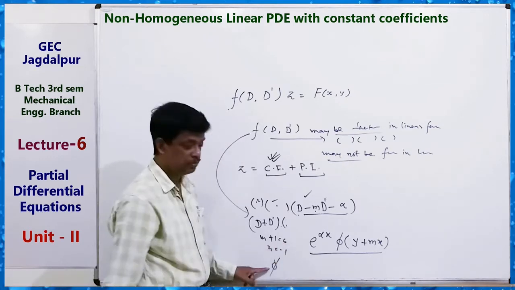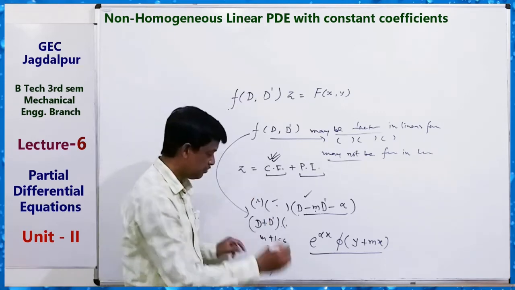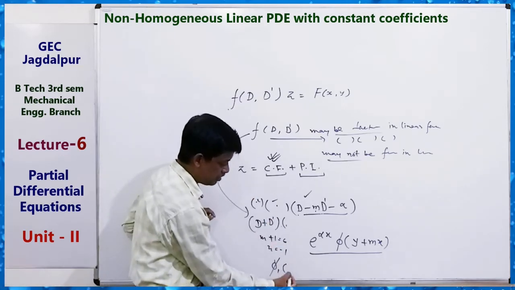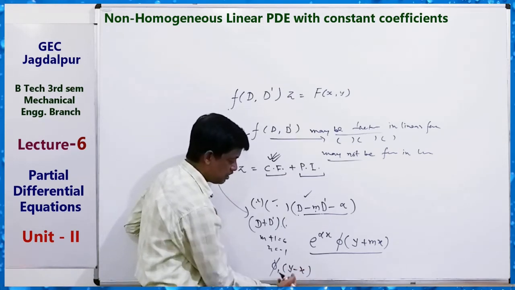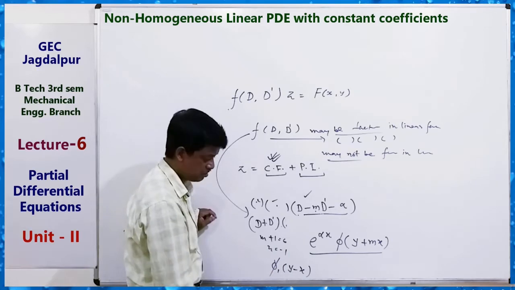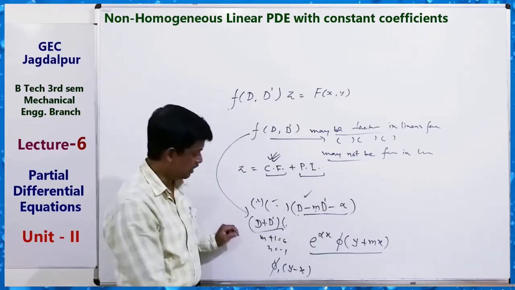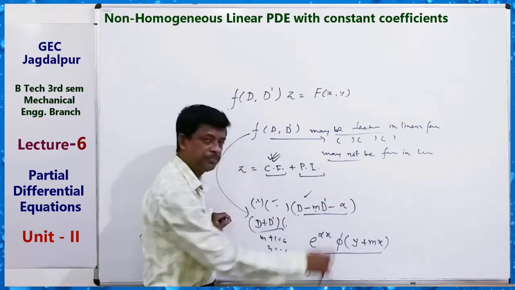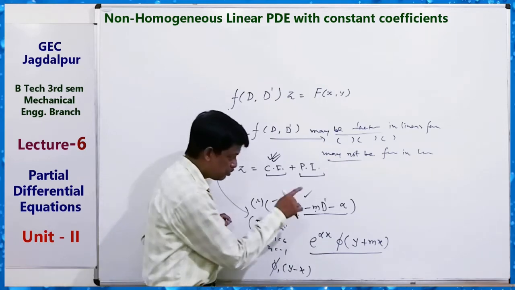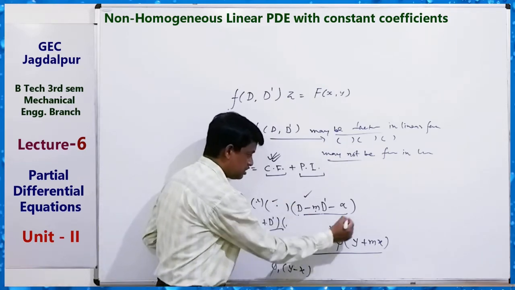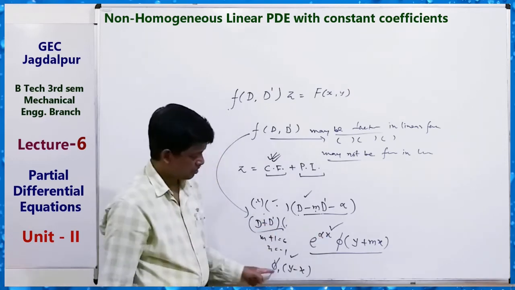Then the corresponding part will be phi 1 of y plus m x, that is y minus x, corresponding to this factor. And corresponding to this type of factor, one more thing: minus alpha. So corresponding to this factor, the part of the CF is this.